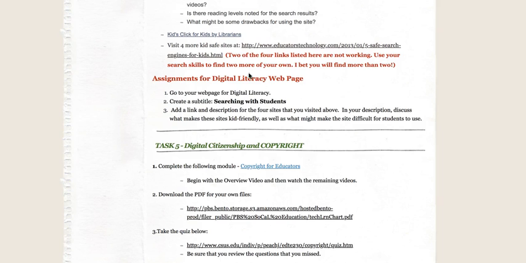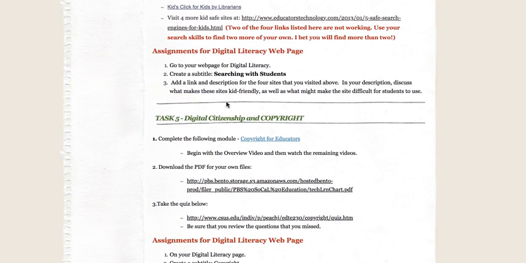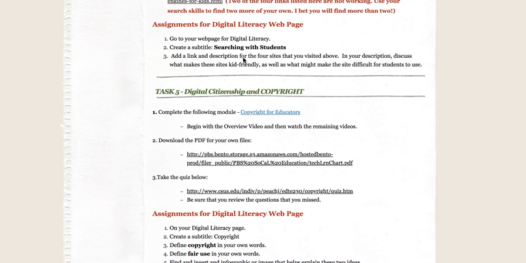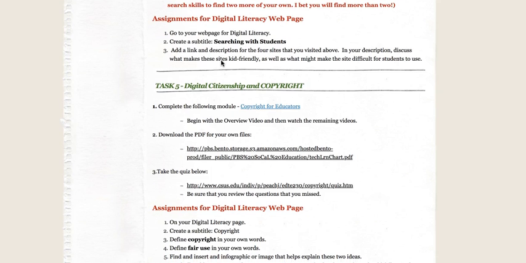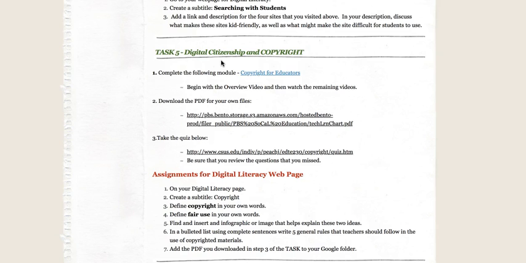And then again, on your digital literacy web page, create a subtitle, Searching with Students, and add a link and description for 4 websites that you visit that could be used by students for searching. Make sure you read carefully what it is you need to put in the description for those sites.